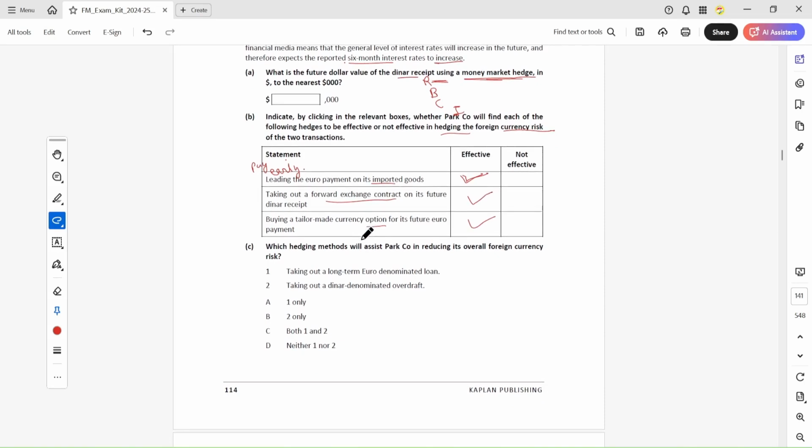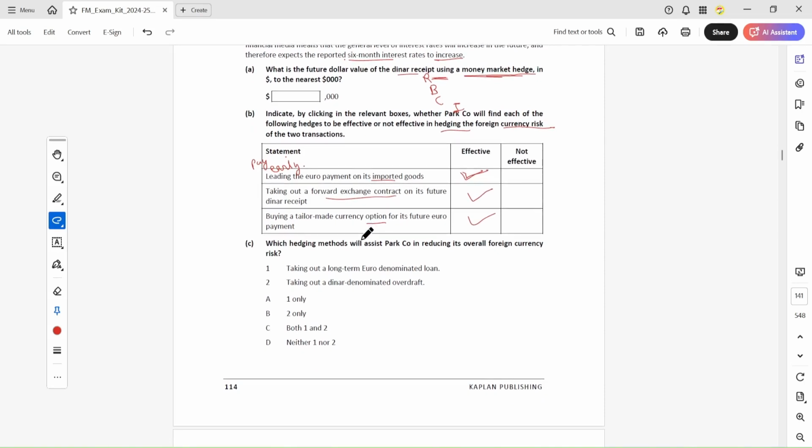Which hedging method will assist the company in reducing its overall foreign currency risk? Taking out a long-term euro-denominated loan.